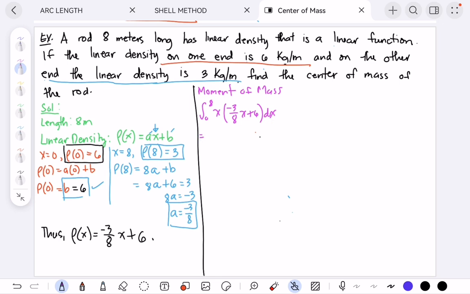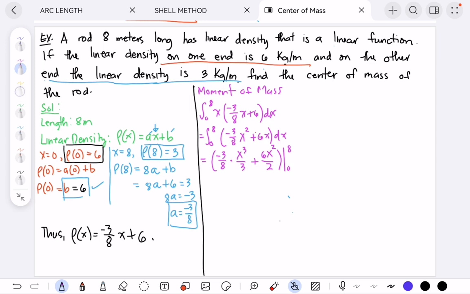Multiplying, I have negative 3/8 x squared plus 6x dx. The antiderivative is negative 3/8 times x cubed over 3 plus 6x squared over 2. Evaluate from 0 to 8.